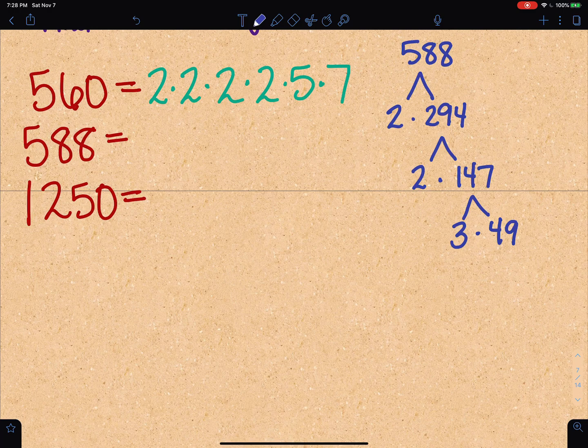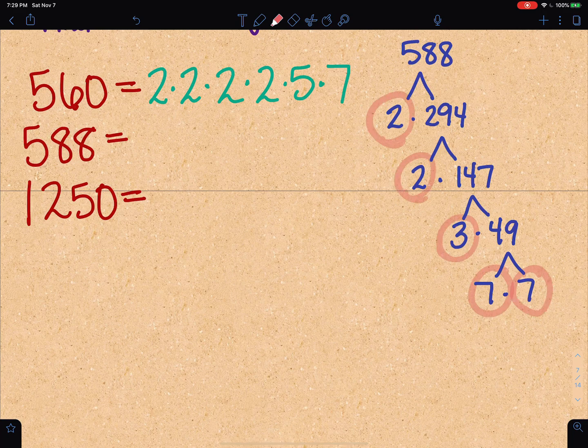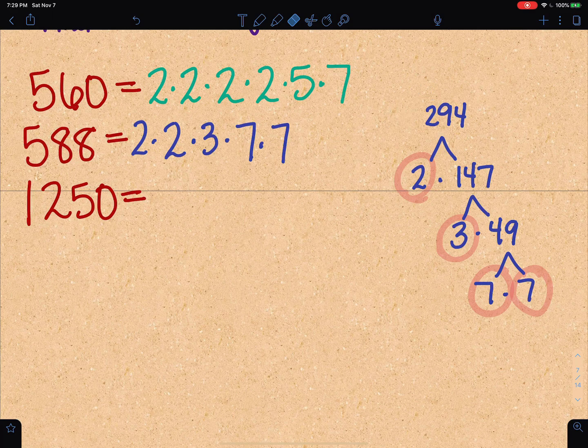Now 49, since I know my multiplication, is 7 times 7. And 7 is a prime number. So now I've got all my primes. I've got 7, 7, 3, 2, and 2. All right, so let's write those down. I'm going to write them in order: 2 times 2 times 3 times 7 times 7. All right, that was a fun one.